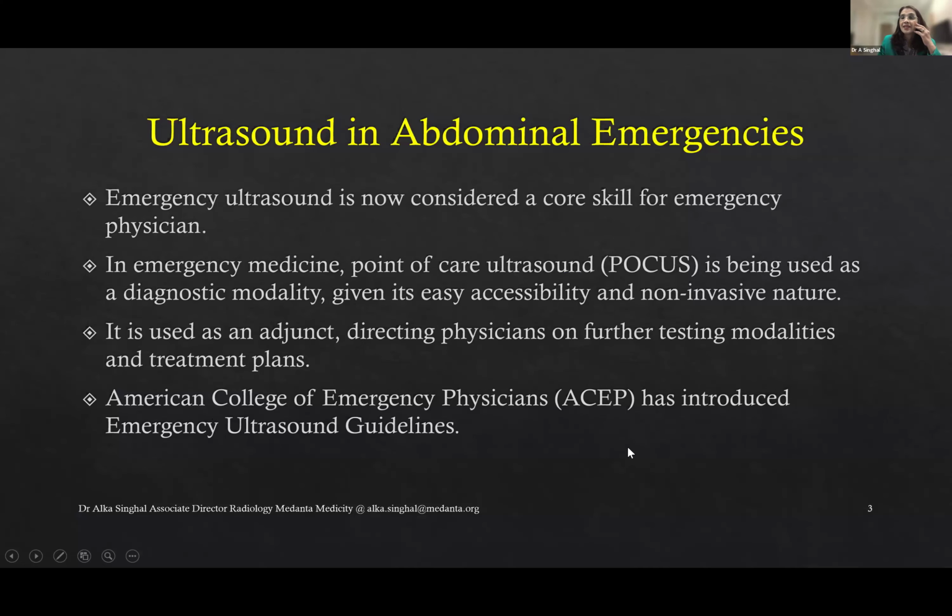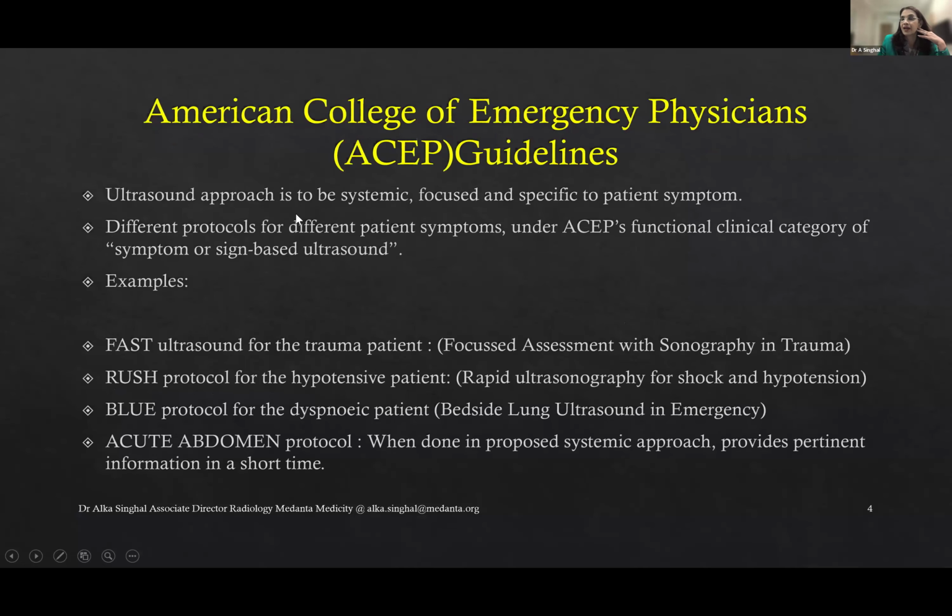right? Now, basically, the approach for an ultrasound abdomen has got to be systemic and focused and specific to the patient system. So what does it mean? You will just do a specific targeted scan? No, it has to still be systematic, thorough, and then you come back to the key area of clinical concern, and then you again come back to the specific symptomatology of the patient.